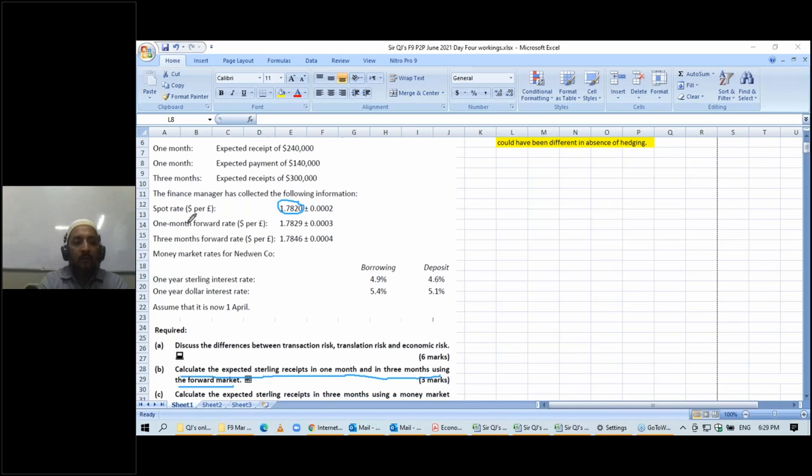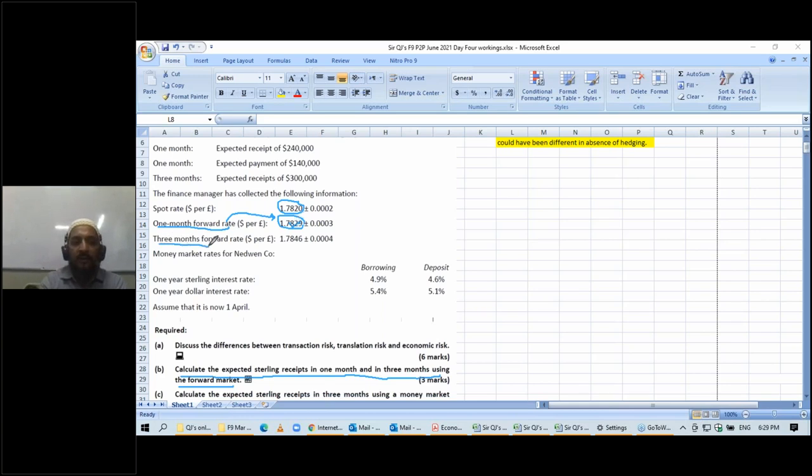But the 1 month forward rate is 1.7829. So this is different. So they have quoted you a 1 month forward rate. So you can agree at this rate if you are receiving or paying foreign currency. So if you fix the rate in advance, then whatever be the spot rate at that time, you are not exposed to it. So this fixes your cash flow. So this is a hedging item.